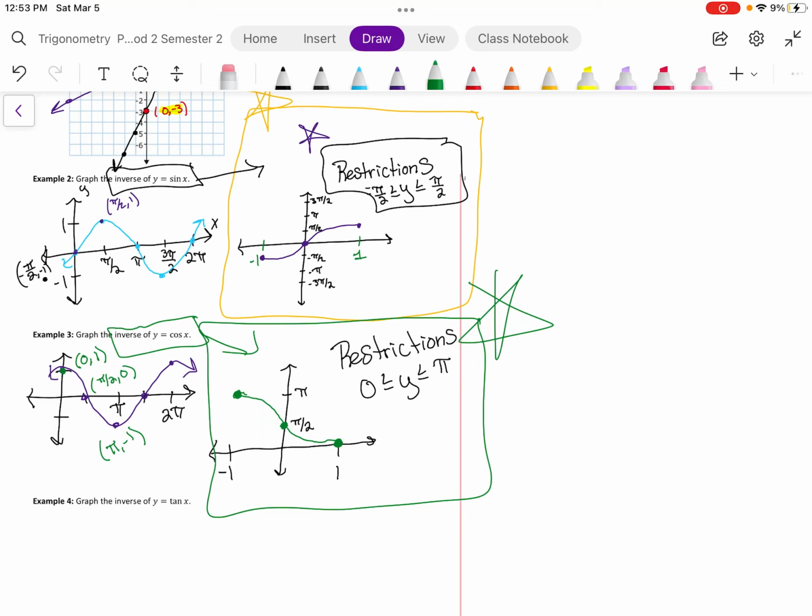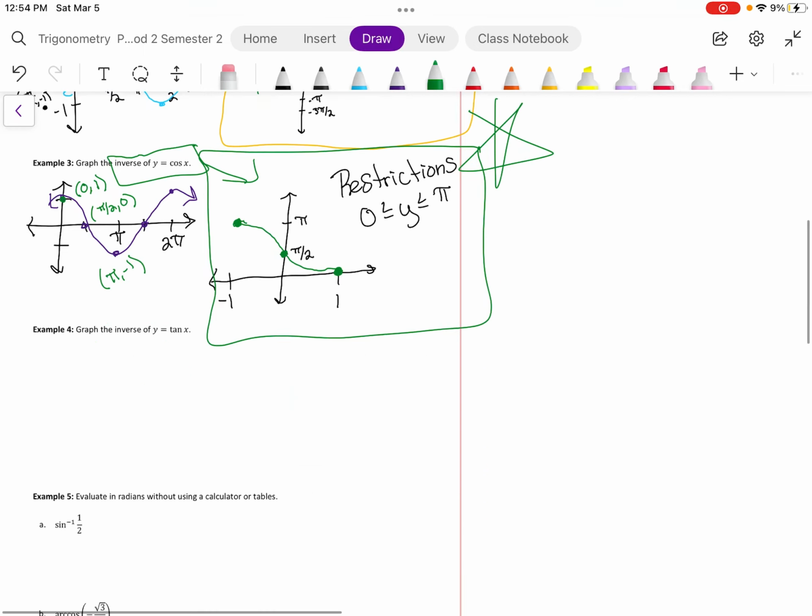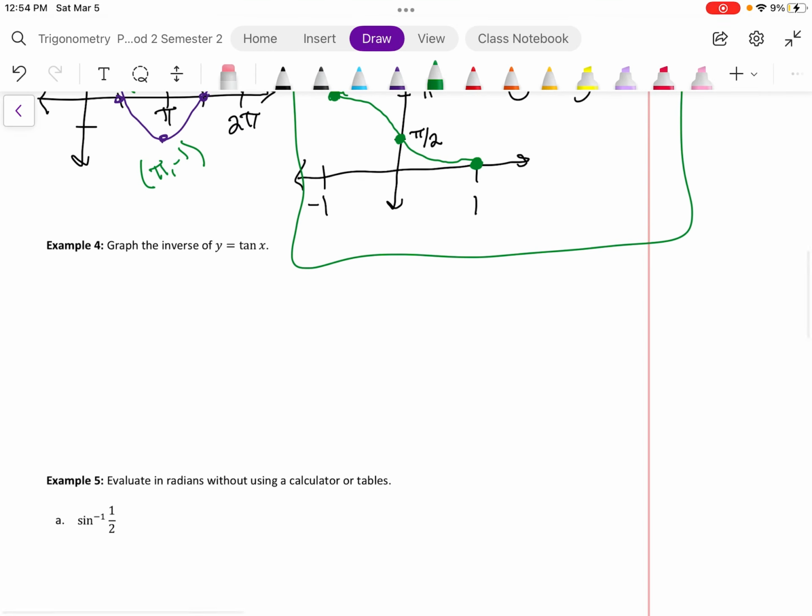Okay. And last, we have our inverse of tangent. Our inverse of tangent is going to have the restrictions from negative pi over 2 to pi over 2 for our y values.